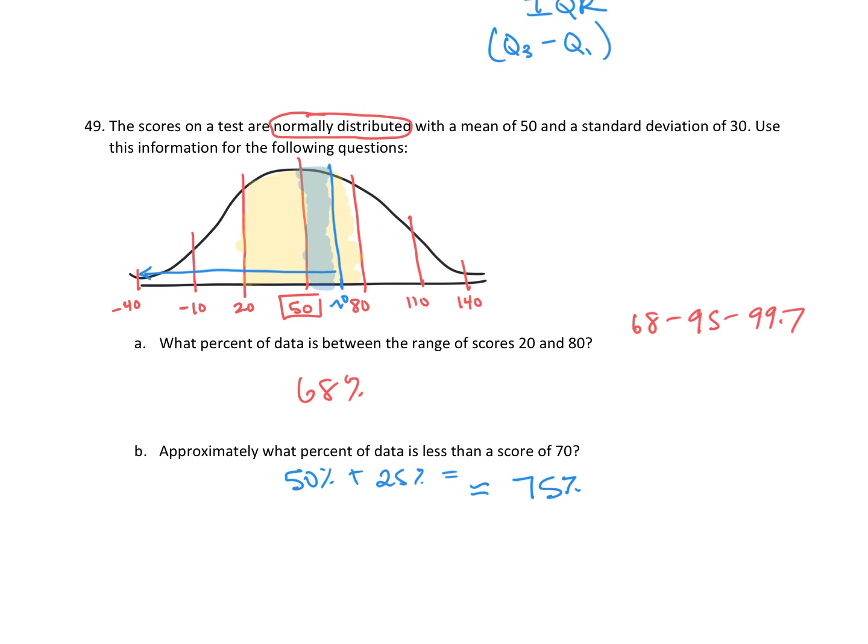Again, we can't get super exact, but we can get a decent estimate. If we had said like 52% of the data, that would be a data value that's closer to the mean. If we had said 79%, or like 83% of the data, that would have been closer to the 80. So I feel good with an estimate of 75%.